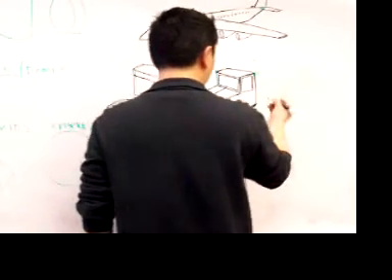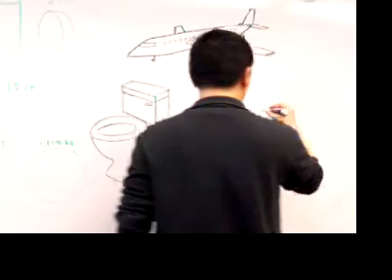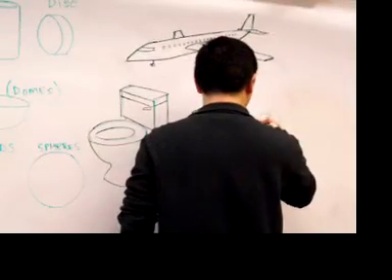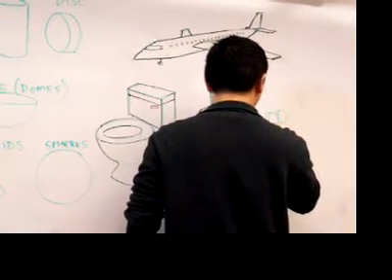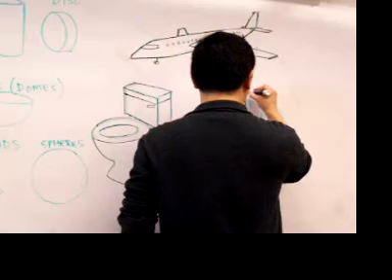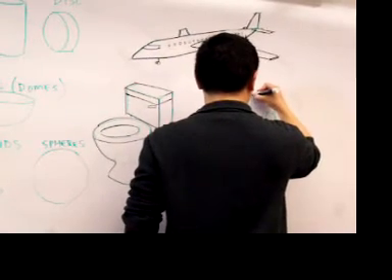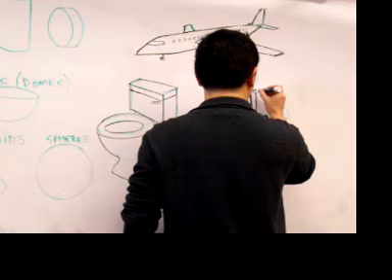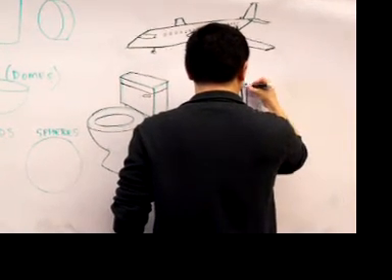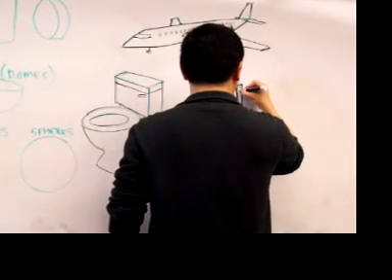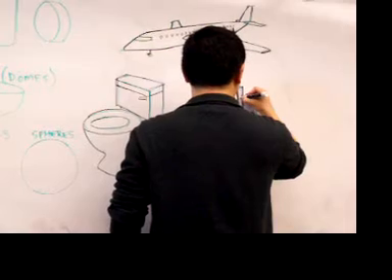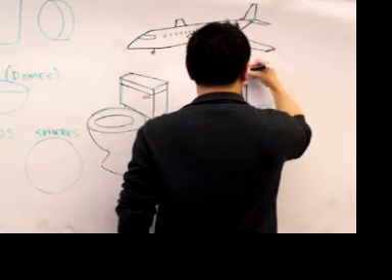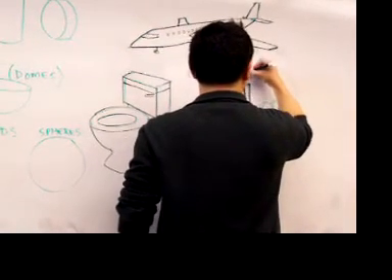Turn the disc into a tire. Here's a fuel tank. Here's the smokestack.